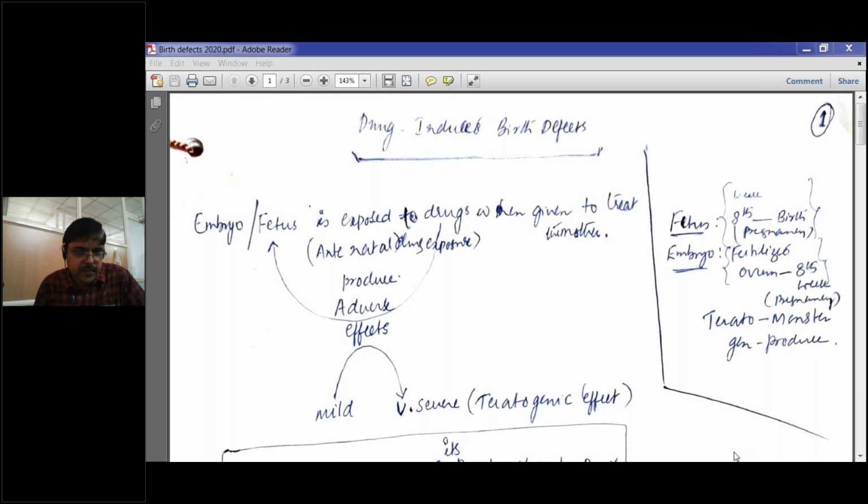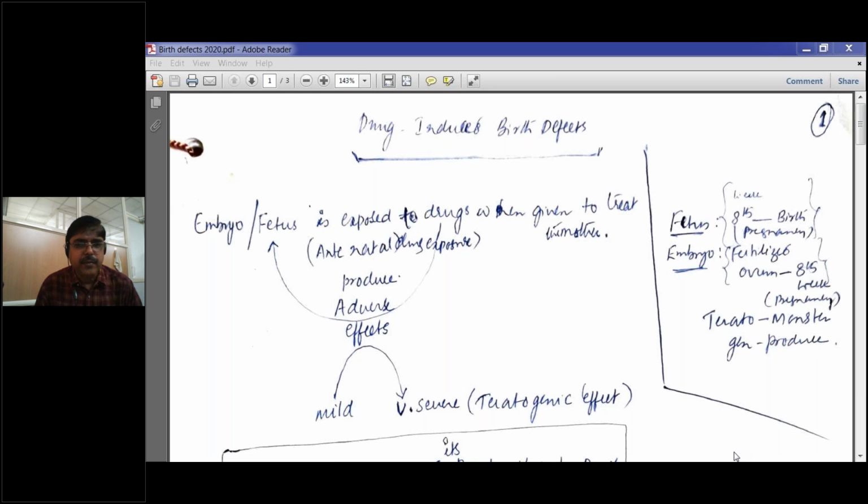Sometimes it is produced. And the remaining times? Not that severe, I think. So it can be moderate or mild. Yes, your thinking is correct.